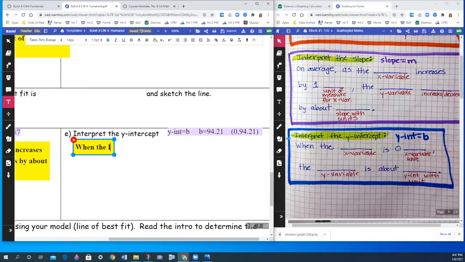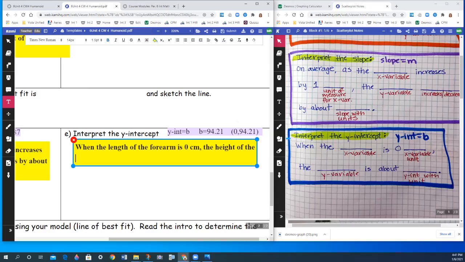So when the length of the forearm is 0 centimeters, because that's what my x is, and now this is my y variable, the height of the person is about, and this is where my b comes into play, 94.21 centimeters.